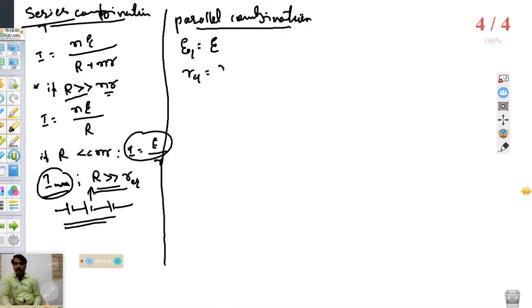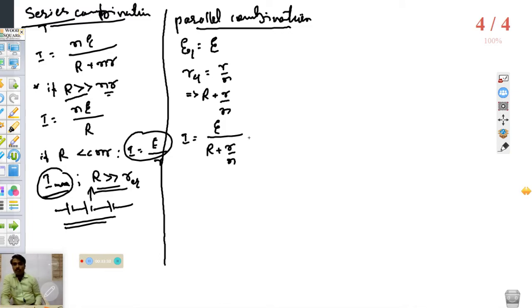As r by n we write, and the total resistance becomes R plus r by n. Hence I equals E divided by capital R plus r by n.